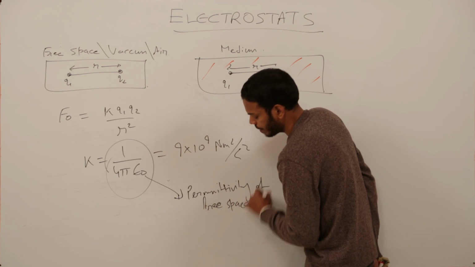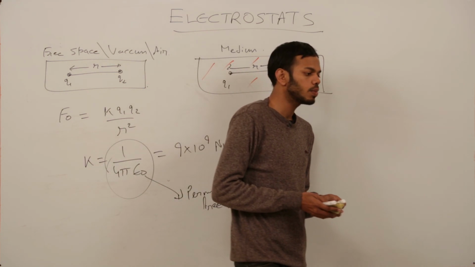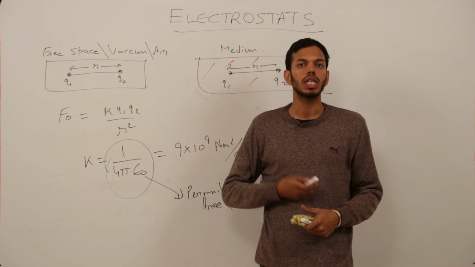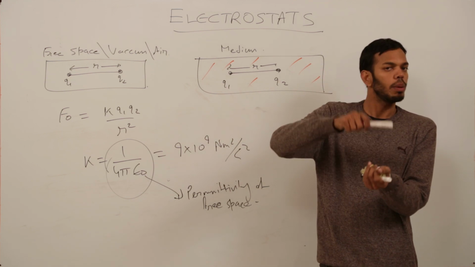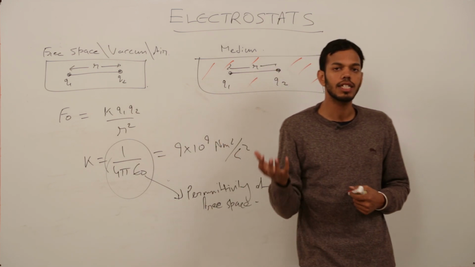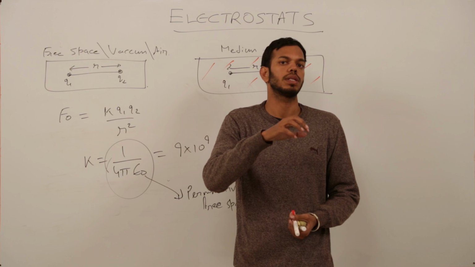What is permittivity? Try to recall that small experiment we used to do when we were kids. We used to take our ruler scale and rub it, and it would attract small bits of paper, right? What if you had taken a stone and rubbed it on your hair and tried to pull the papers?